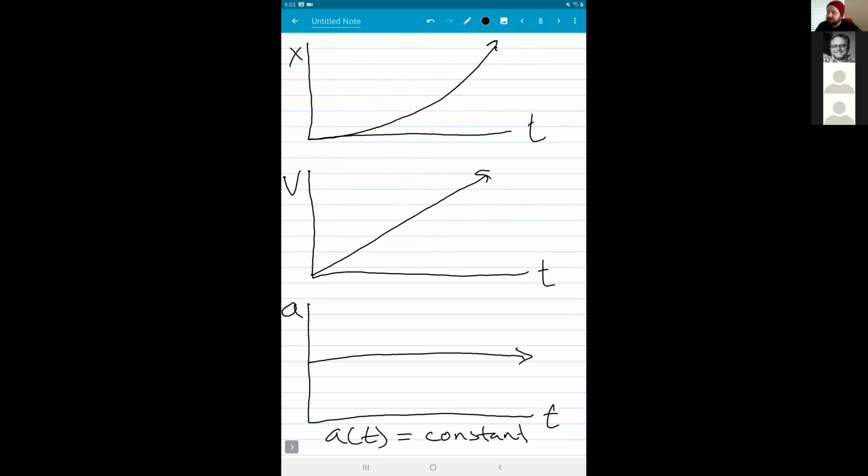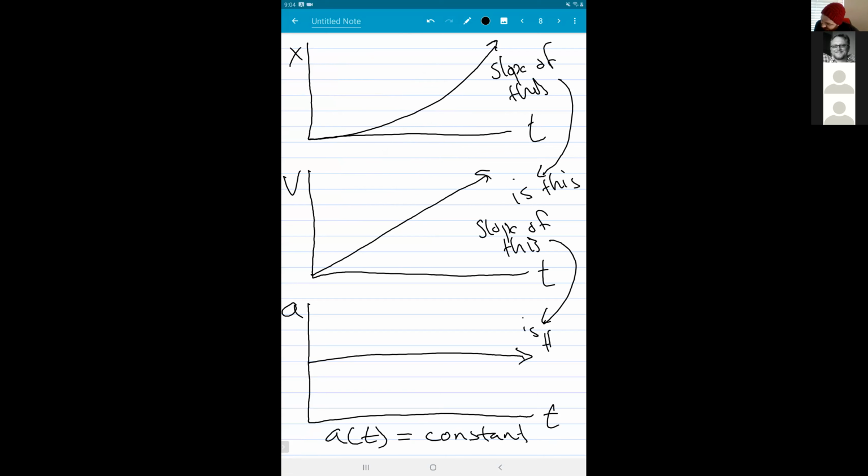It's this concept: the derivative of your position versus time graph is your velocity versus time graph, or basically the slope of this is this, and the slope of this is this, right? That's kind of going back to those calculus concepts.